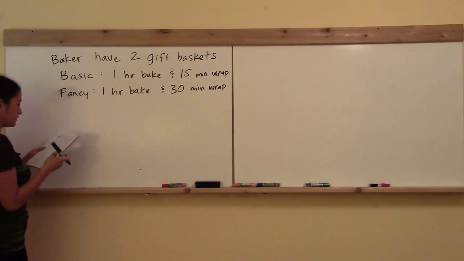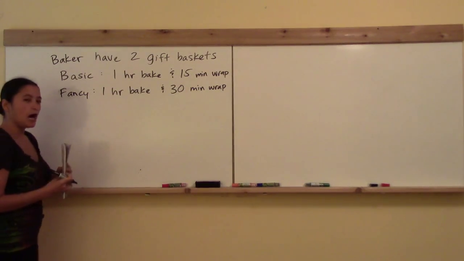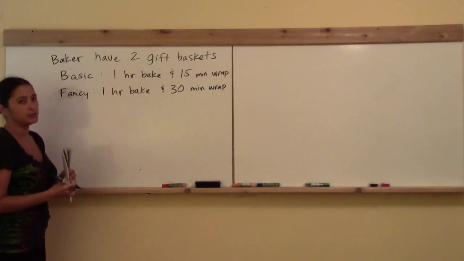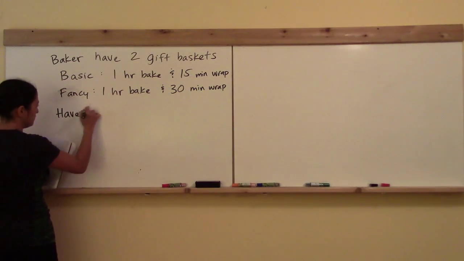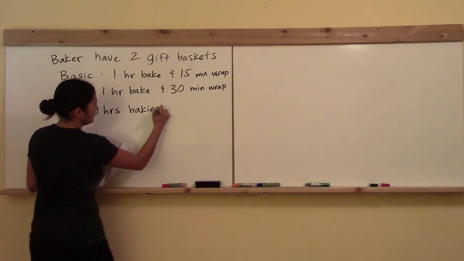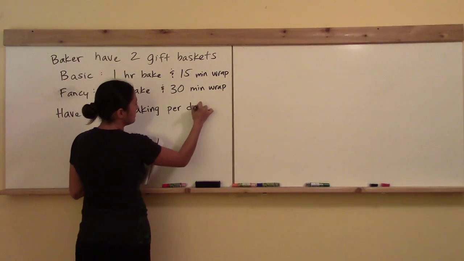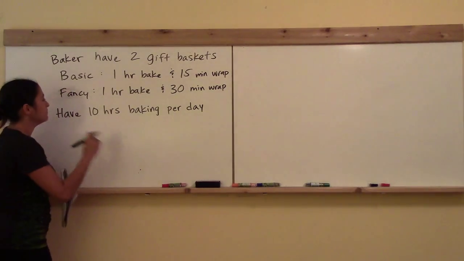We haven't really gotten there yet. Let's talk a little bit more about my business. How am I constrained as being the only baker inside my factory? Let's say that I have 10 hours of baking per day. That means that I'm able to, at most, and the keyword here is at most.